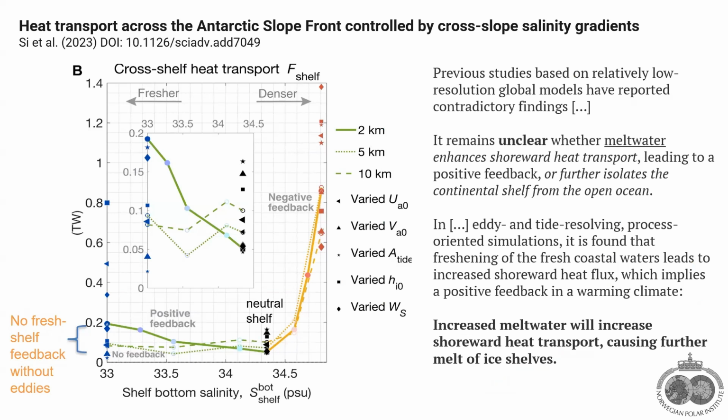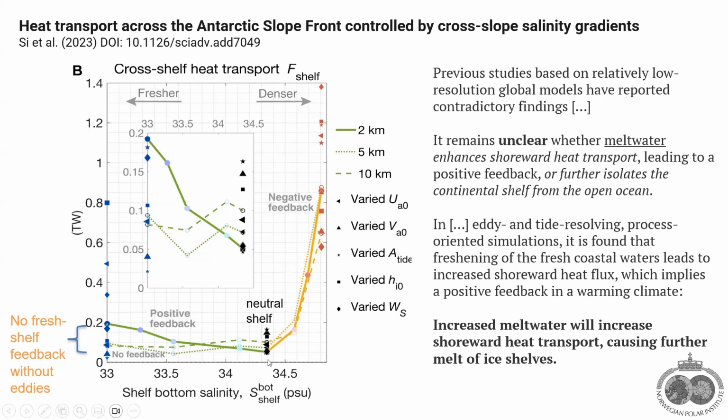That paper came out, and they looked at how cross-shelf heat transport responds to gradients in salinity across the shelf break. In this center part where it says neutral shelf, there's no density gradient. And if you go to the left, you're becoming an increasingly fresh shelf regime.